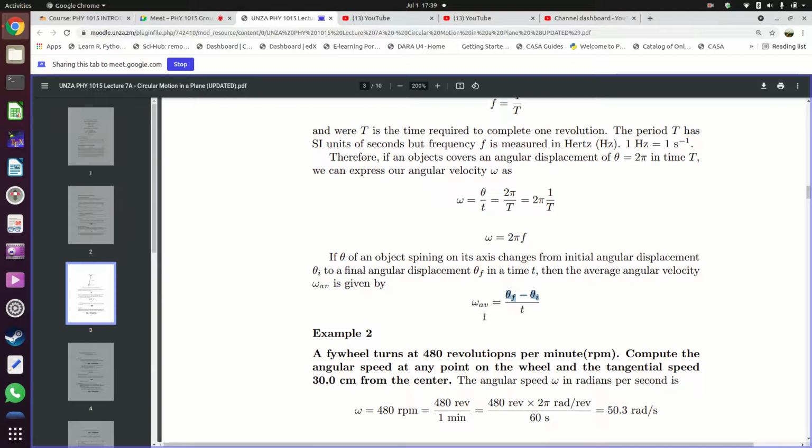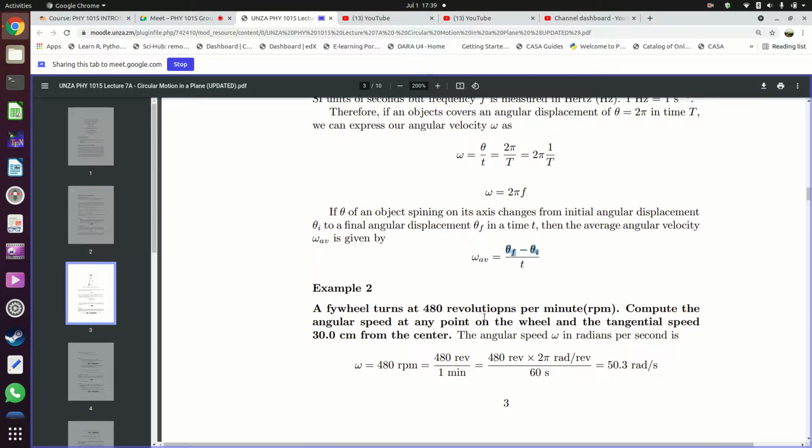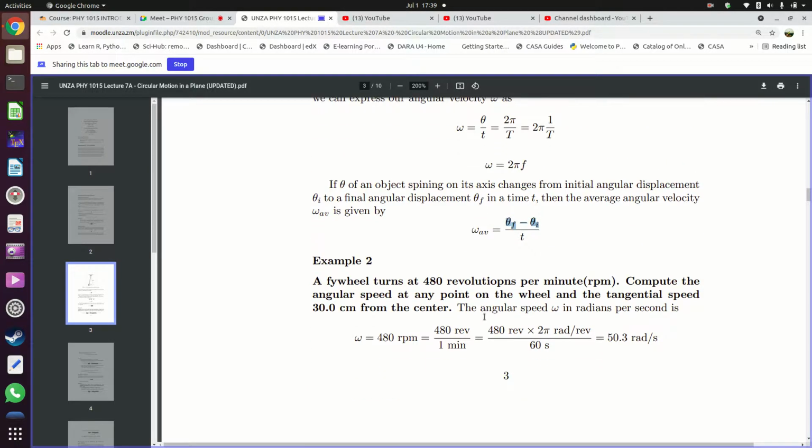Okay, so the other way, apart from measuring angular velocity in terms of radians per second, as you are going to see from example number 2, the angular velocity can also be given in terms of what's known as revolutions per minute. Revolution is basically how many times a particular object is going round a circle per minute.